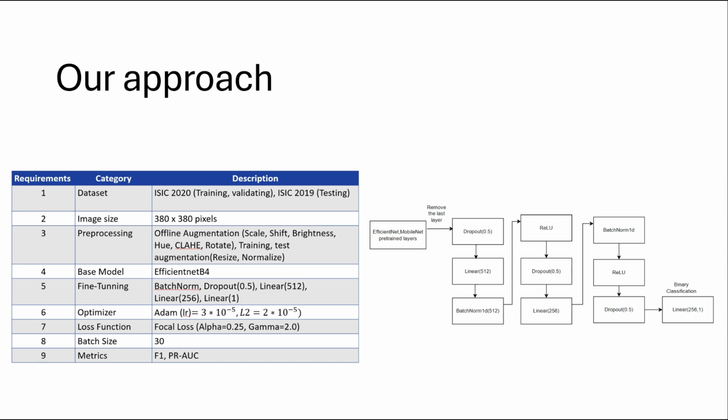ISIC 2020 is known for having only 5 to 10% melanoma skin cancer in the entire dataset, which is crucial because our main goal is to use a small sample of data and then see how well the model can perform on unseen data, and that's why we used a different dataset, ISIC 2019, for testing. In the pre-processing approach, we scale the image, shift the image, change the brightness, and rotate it. The main goal is to artificially increase the number of melanoma images in our dataset using just these types of augmentations.